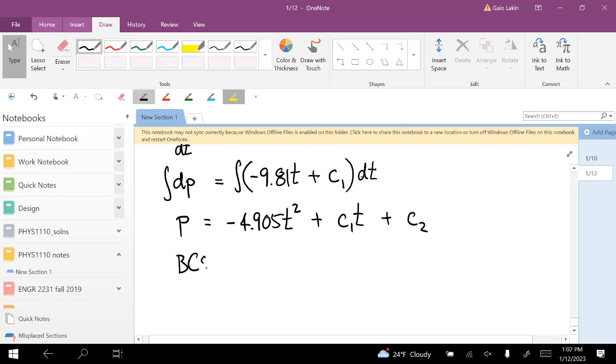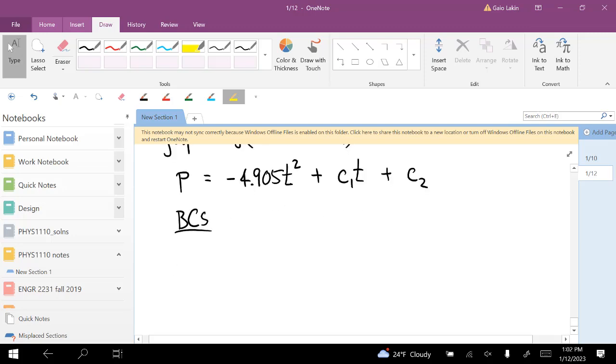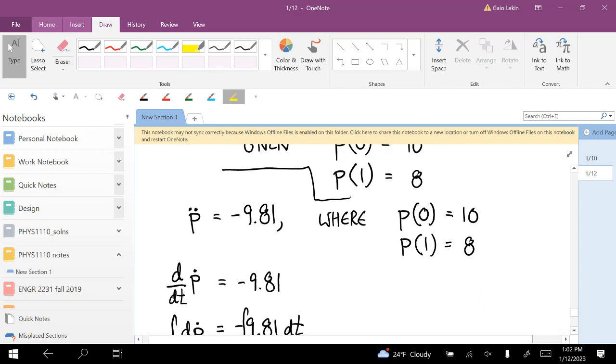So our boundary conditions. The first one says when time is equal to 0, P is equal to 10.